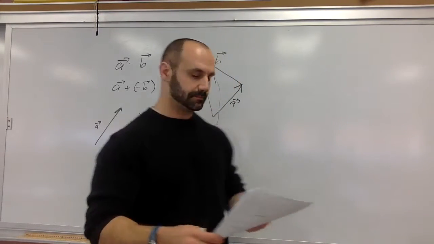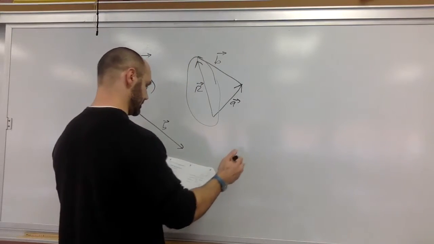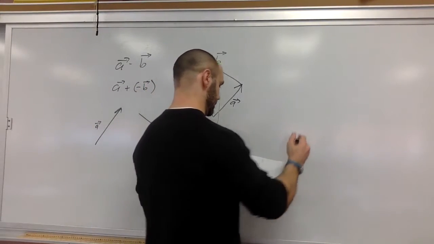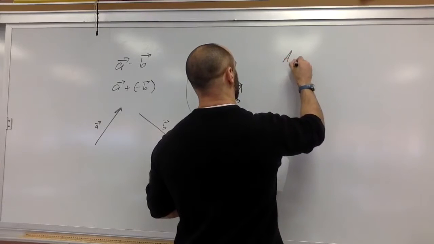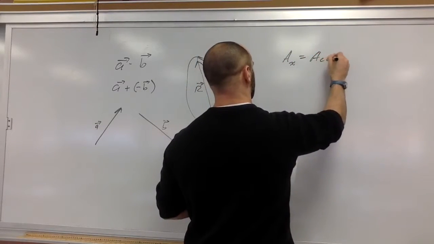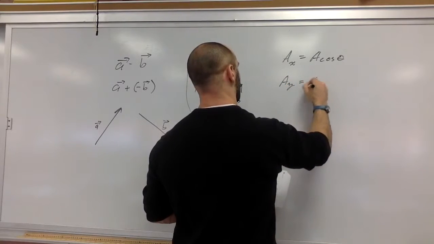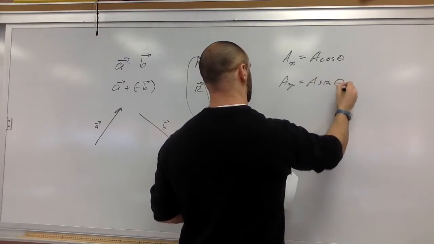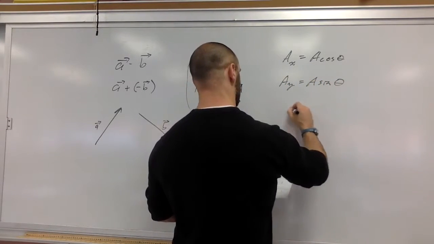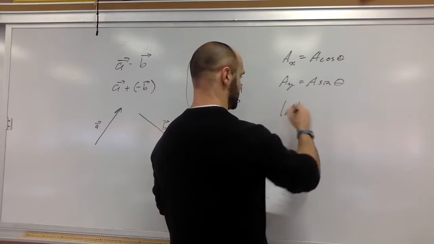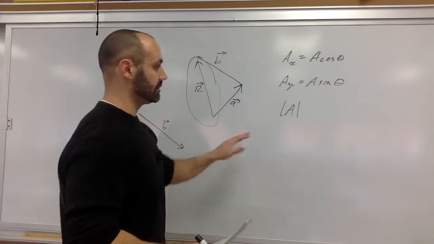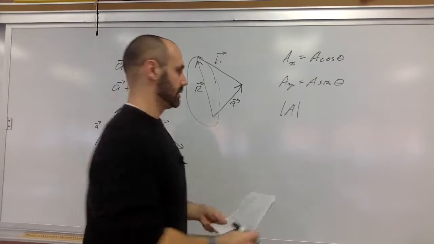Yeah, we're filling this in here on this chart. So AX is A cosine theta. AY is A sine theta. The magnitude can be expressed like this. Or sometimes you might just see it written as this.